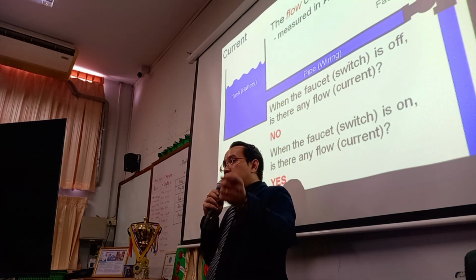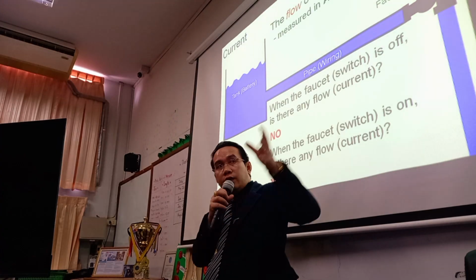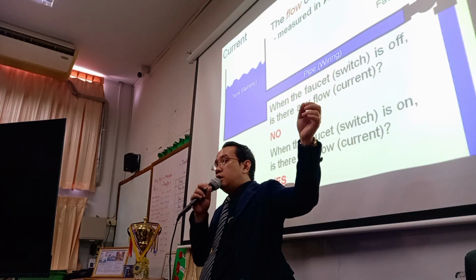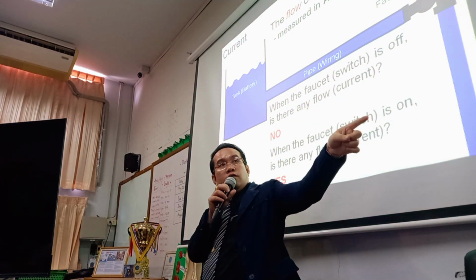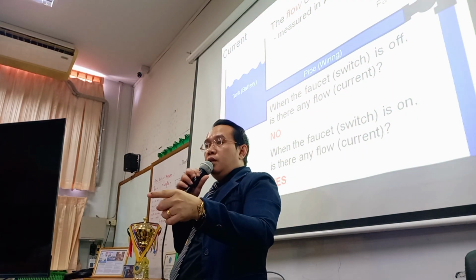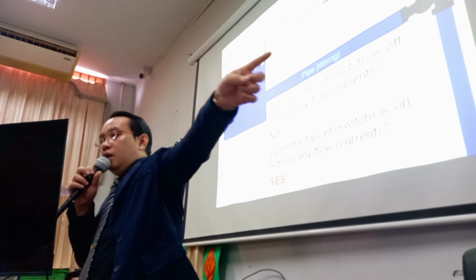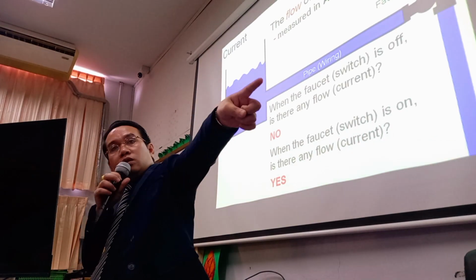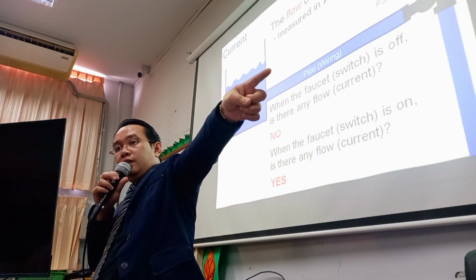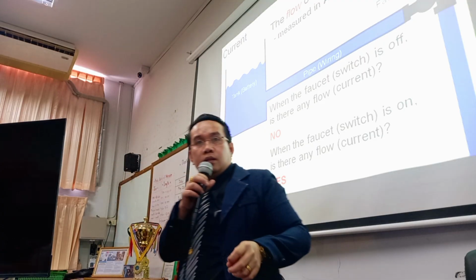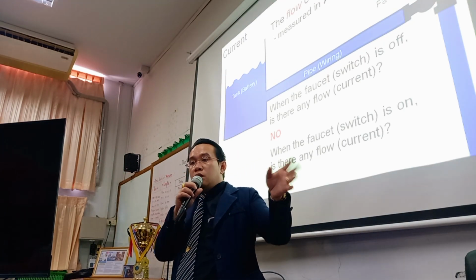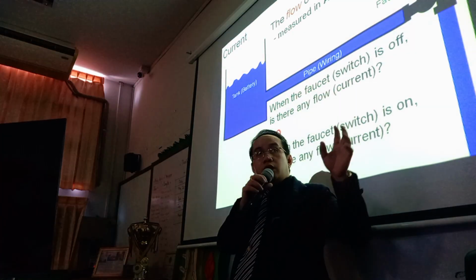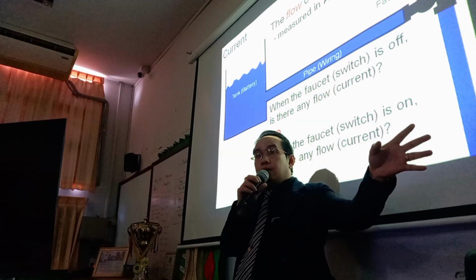Every time we switch on our faucet, or even when we switch on the lights. Kindly switch on the light, switch off the light. So it says that when we switch off the light, there is no current, right?